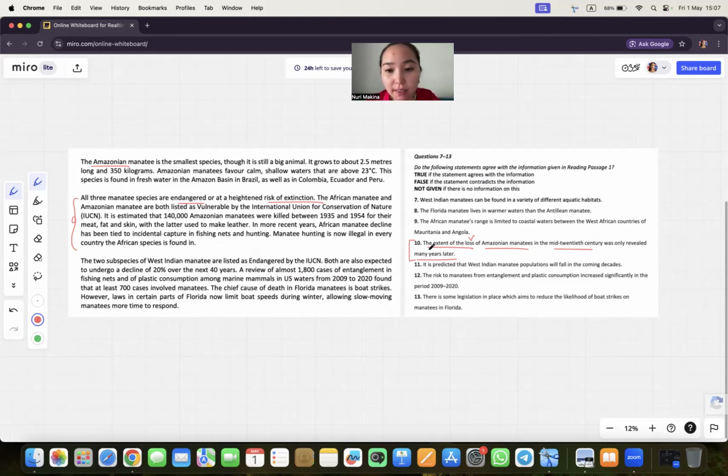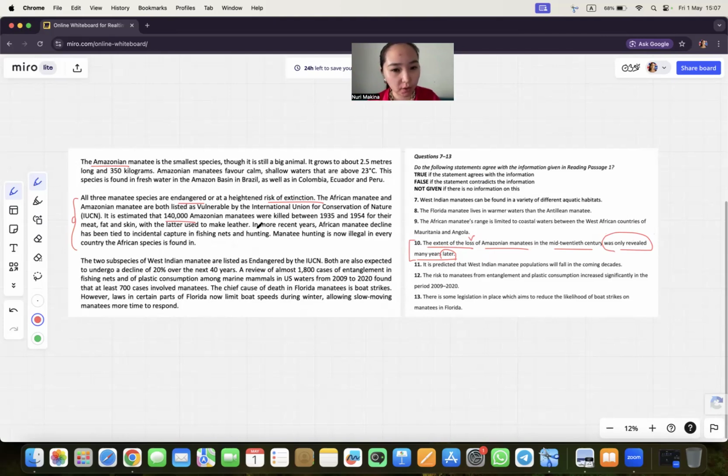The extent of the loss, that many animals lost. So the extent of the loss of Amazonian manatees in the mid-20th century was only revealed many years later. Let's find out, do we have anything about that? Yes, we do have the estimated number of manatees killed, 140,000. So the extent of the loss, do we have anything about extent?